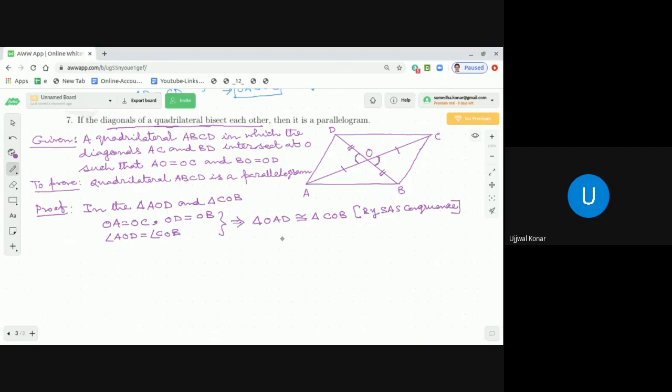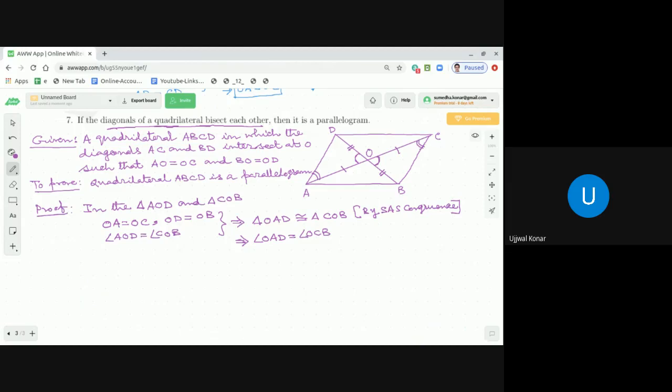Correct, dear students? Now, as these two triangles are congruent, by CPCT we can say that angle OAD is equal to angle OCB.